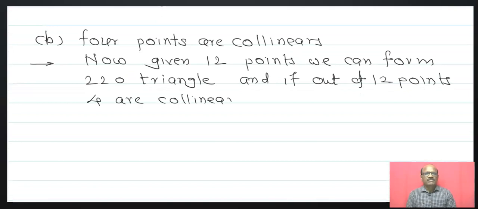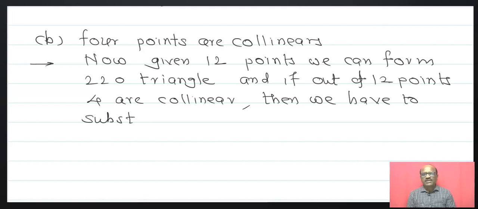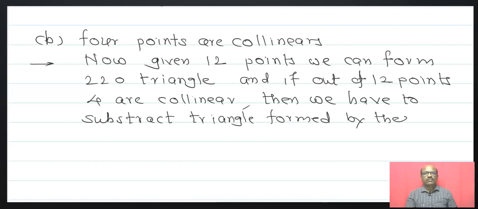20, if and only if out of the 12 points, 4 are collinear, then we have to subtract the triangle formed by these 4 collinear points. See this here.